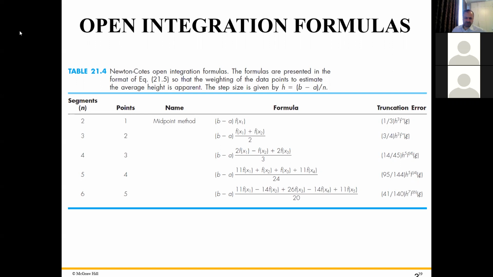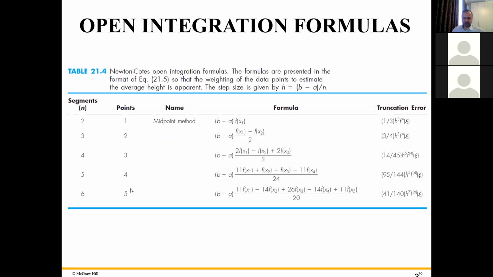So this table summarizes these formulas, but because of the limitation of time and application, we will no longer be studying these formulas, which I think may have some application in the forthcoming chapters as well. But there is only a mention of the open integration formulas over here.